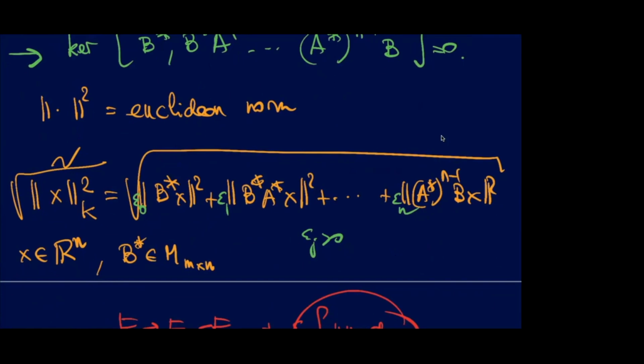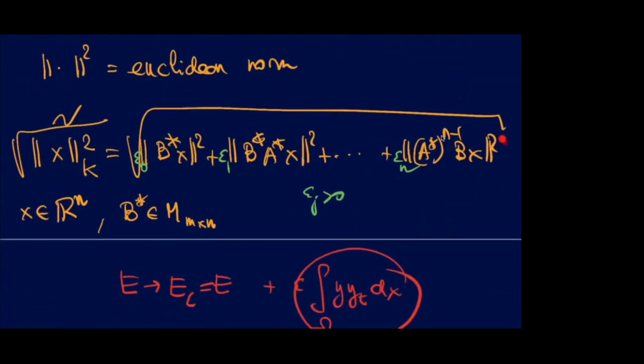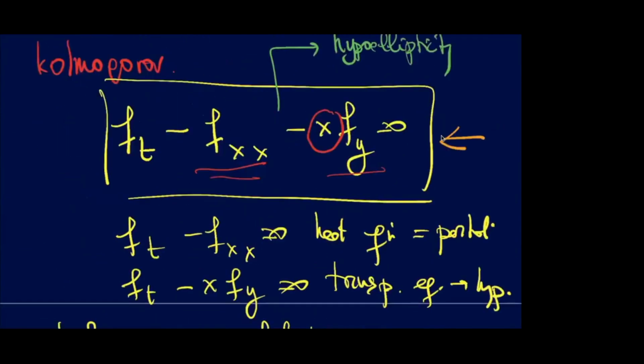As soon as I said that the Kalman rank condition can be written as the trivial kernel for the adjoint, I should have realized that this norm is equivalent to the Euclidean norm in Rn, meaning that even though I am applying only a very narrow B star projection, the system is rotating under the action of A, right? And this is precisely what this is telling me.